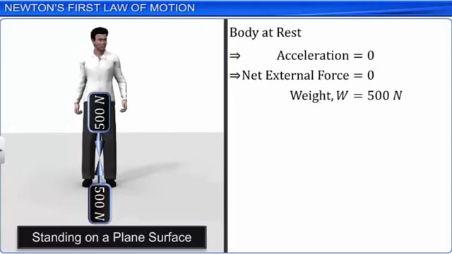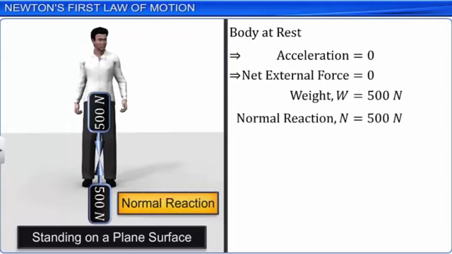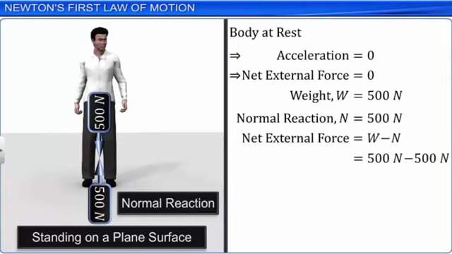This force is the normal reaction between your feet and the surface of the ground. While attempting to answer the first question, you have also answered the second question. The answer to the second question is net external force acting on you is 0.